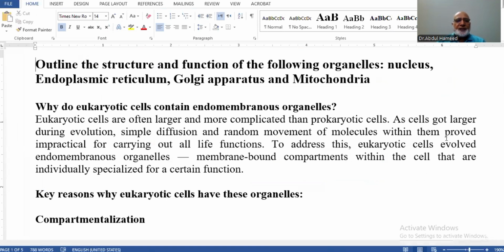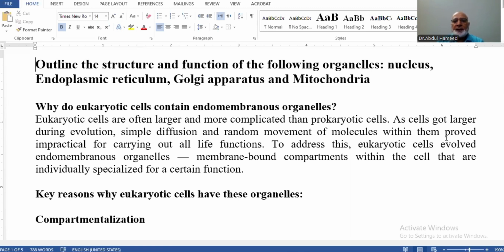So the question is, why do eukaryotic cells contain endomembranous organelles? You know that eukaryotic cells are often larger and more complicated than prokaryotic cells, and as cells got larger during evolution, simple diffusion, random movement of molecules within them was not able to carry out all the life activities.